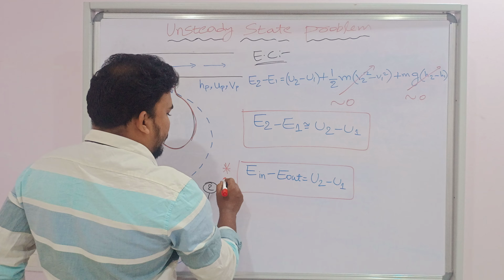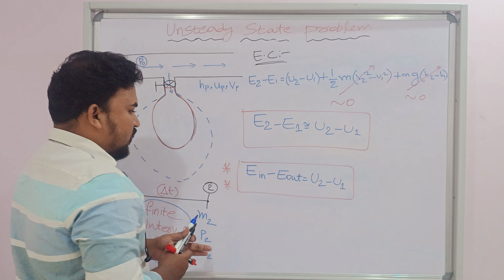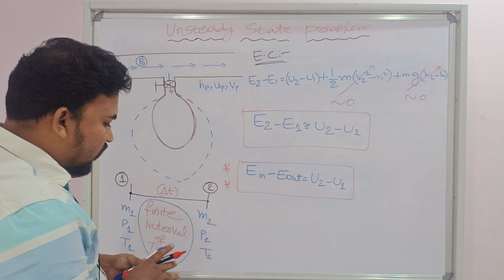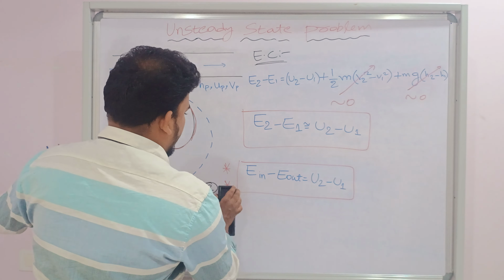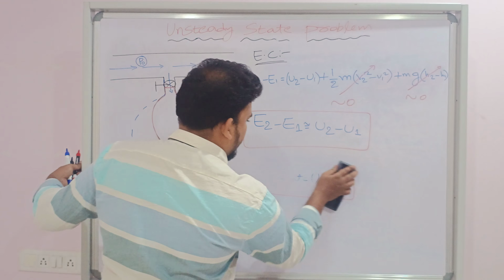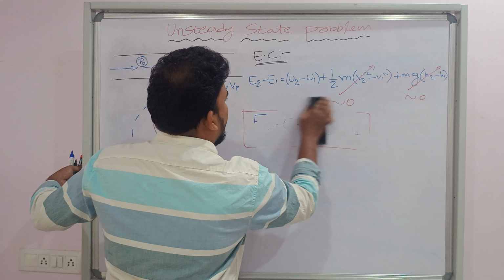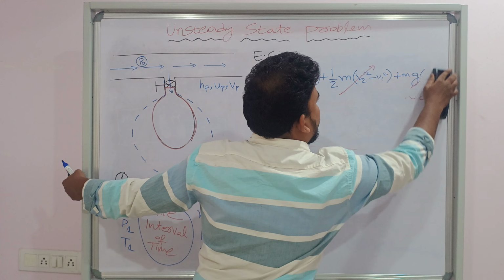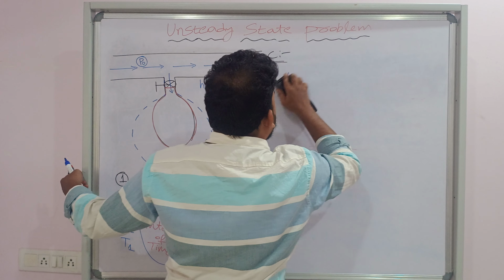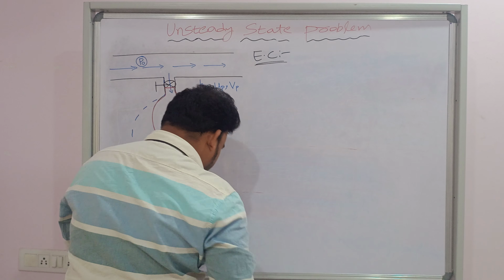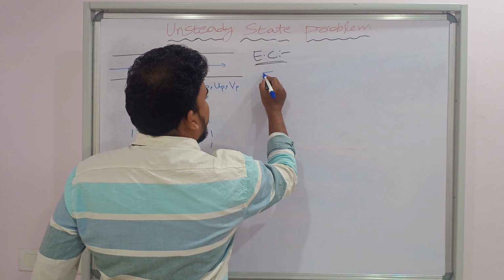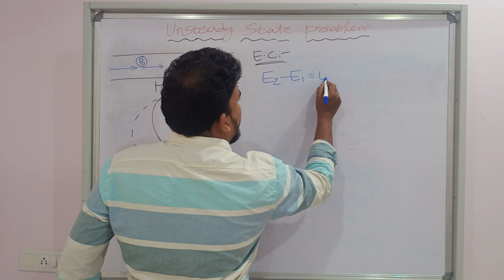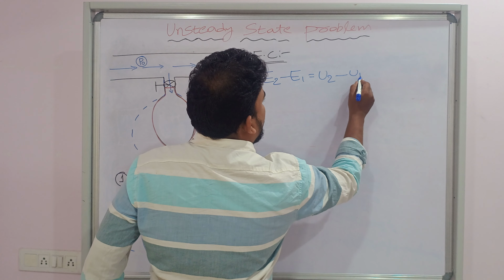This is very, very important, because if you know this concept, then you can solve every question. So I will go to the next board. We have landed with this equation again, E2 minus E1 equal to U2 minus U1.